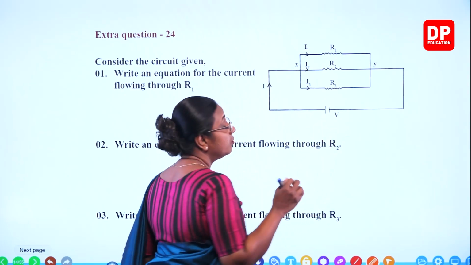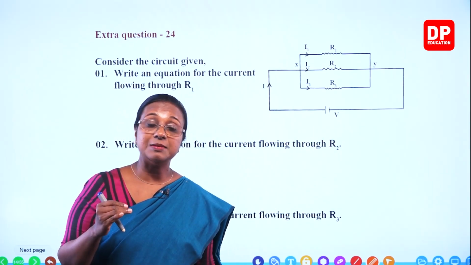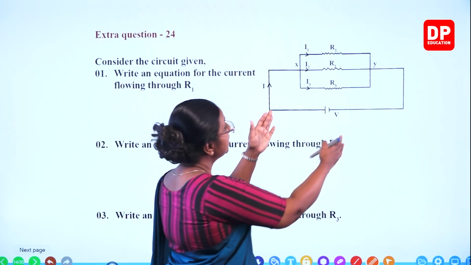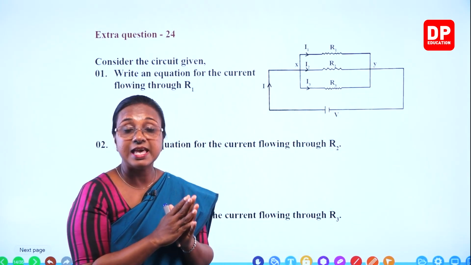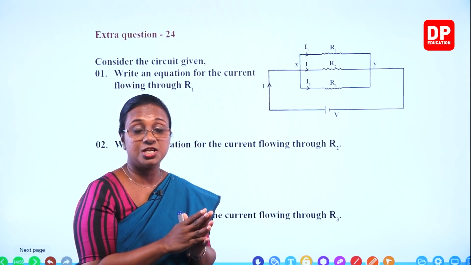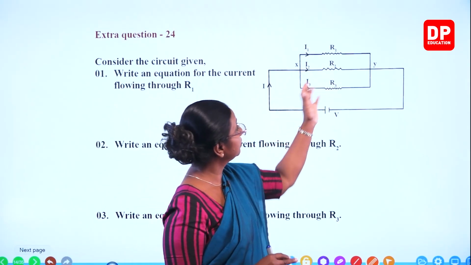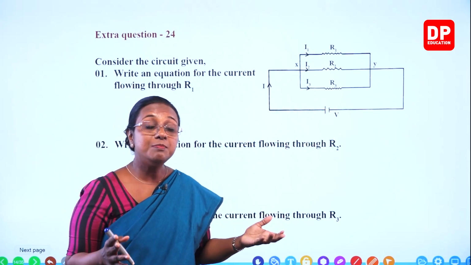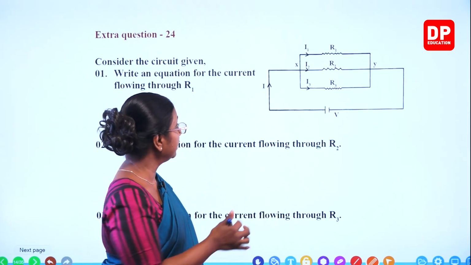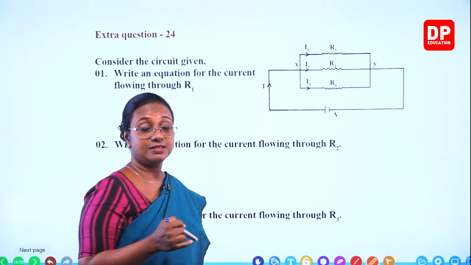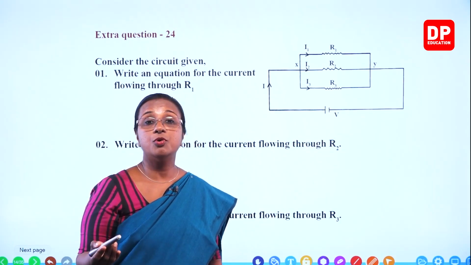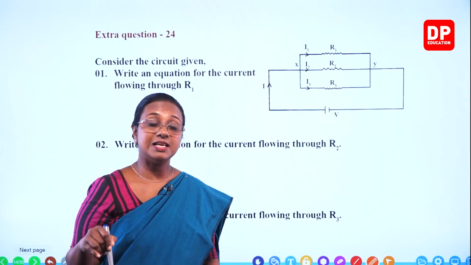So you all know, when the resistors are connected in a parallel manner, the potential difference across these 2 points, that is the same value. That does not change. But the current flowing through the resistors depends on the resistance. Actually, this total current divides according to the resistance. Less resistance, more current. More resistance, less current.